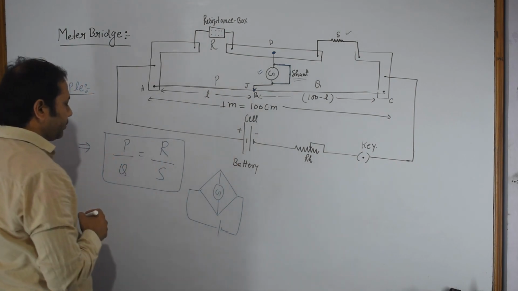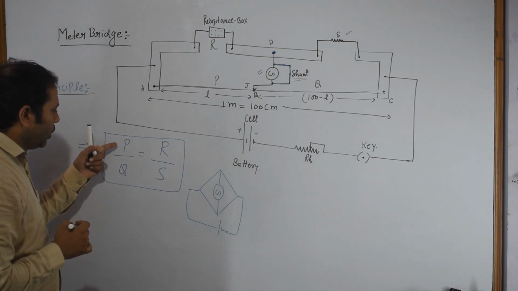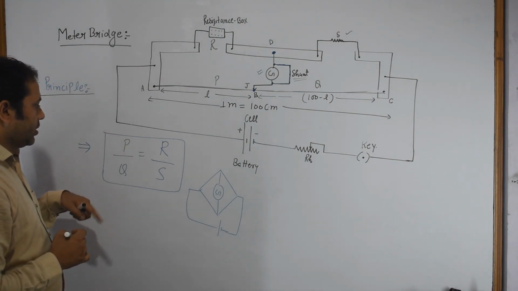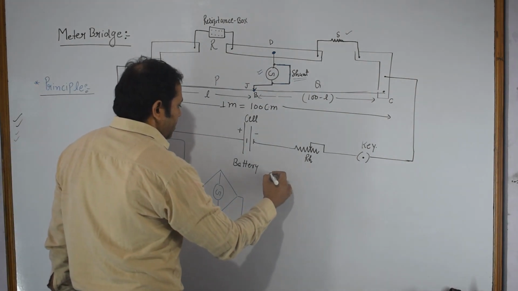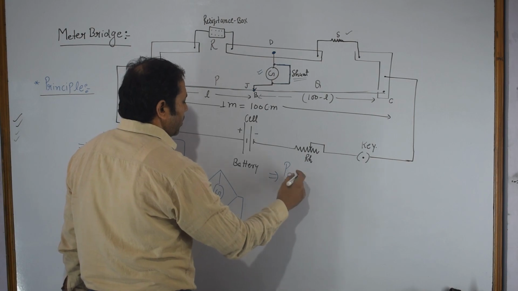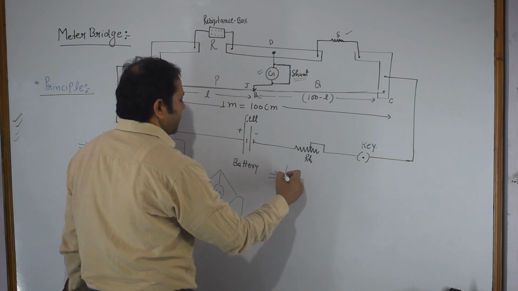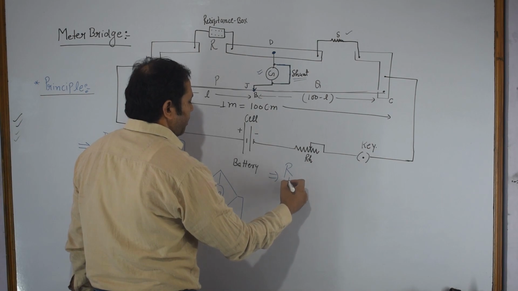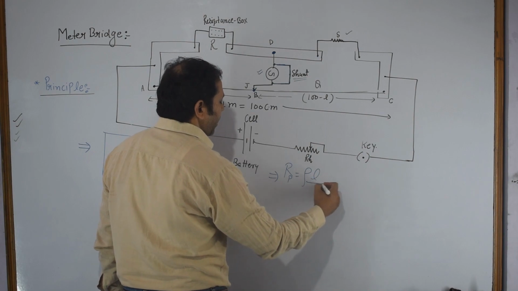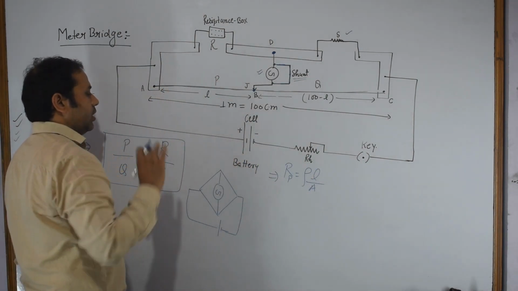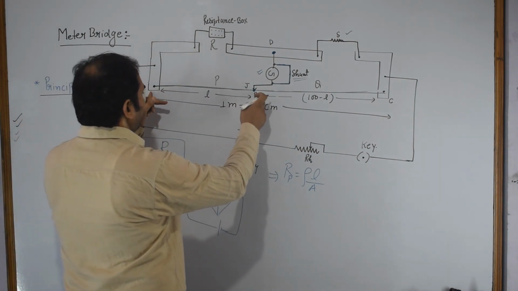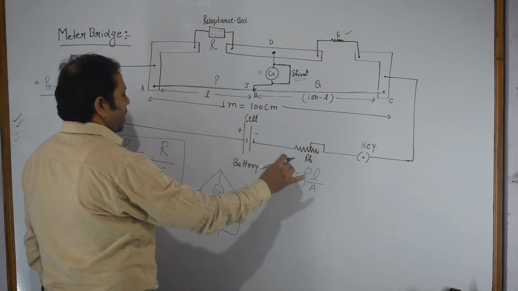So write down the values of resistance of P, Q, R and S. The resistance of P can be written as rho L upon A, where A is the area of cross section, and the length of wire AB is L.